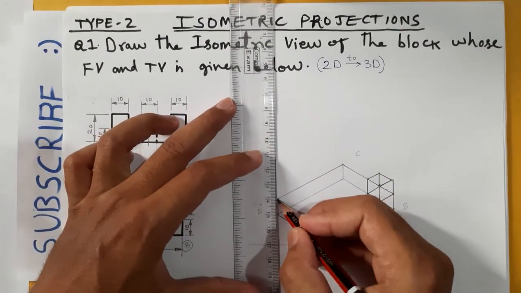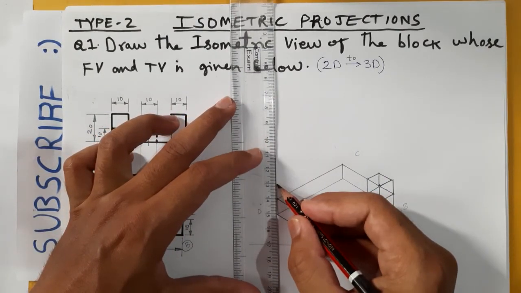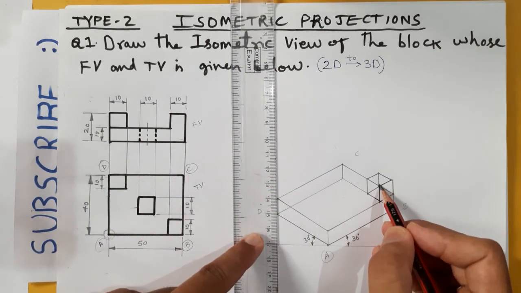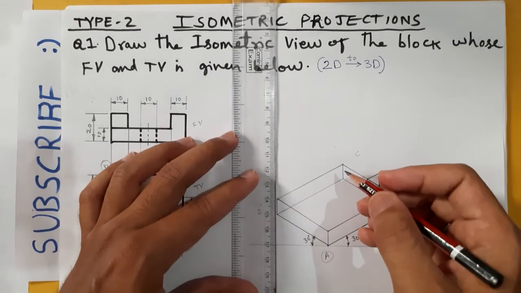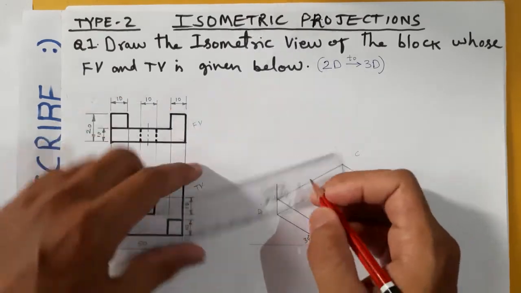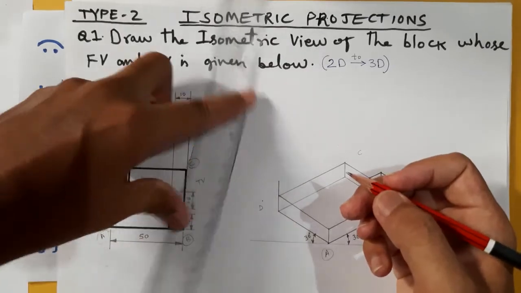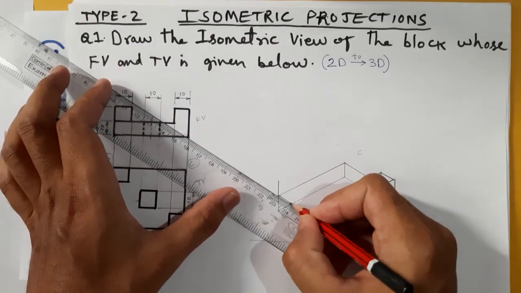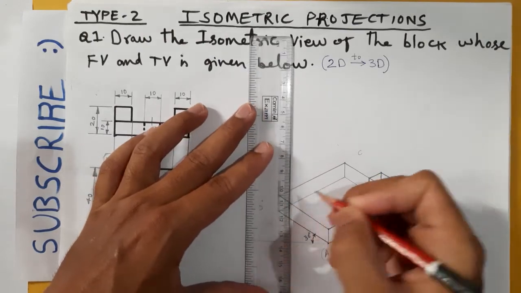Okay, so let us quickly draw this also. Height, this and this are same, but this I have drawn with the basic steps. Here I am going little advanced step, direct 10 mm height, and here also 10, 10, 10 like that, cube 10, and height is also 10.